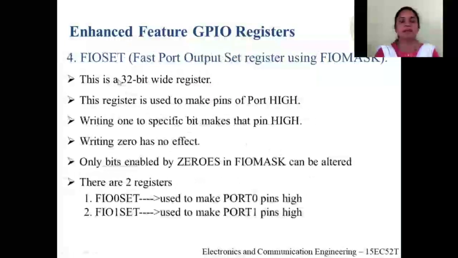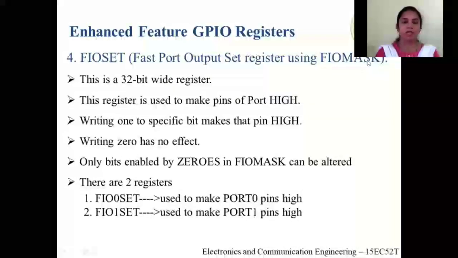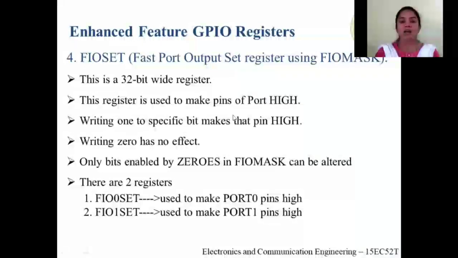And next is FIO set, that is fast port output set register using FIO mask. This is also the same as the IO set register, but the operation is faster than the IO set register.